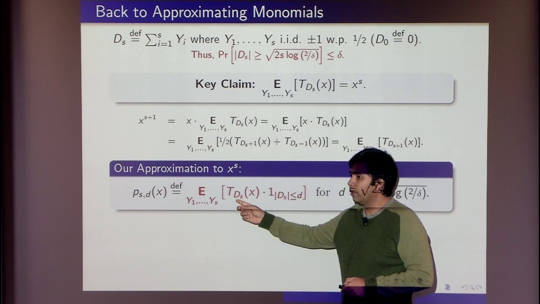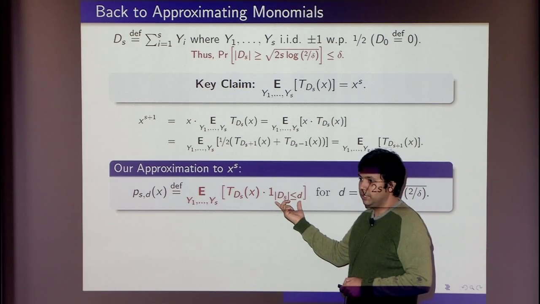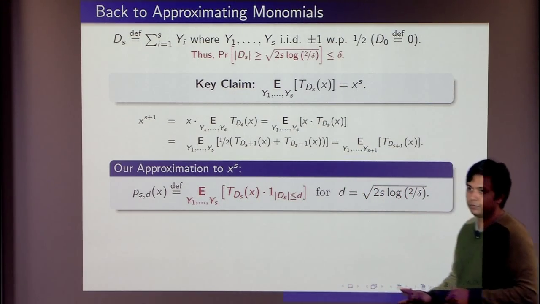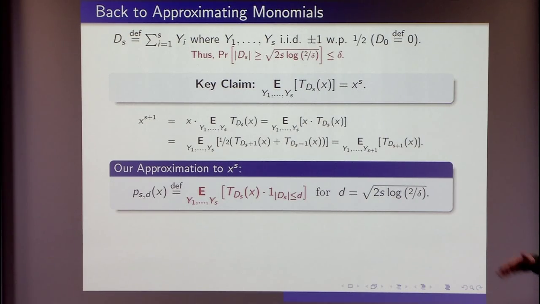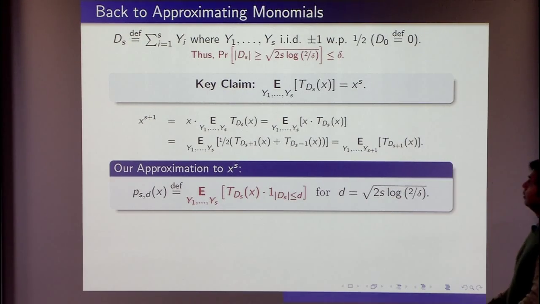You look at where you are, and only if you are at most a distance d, you output this polynomial, otherwise you just output 0. So you're cutting off the tail of this probability distribution. Okay, and the choice of d is exactly what was dictated by that, where basically it doesn't really matter where you cut it off.